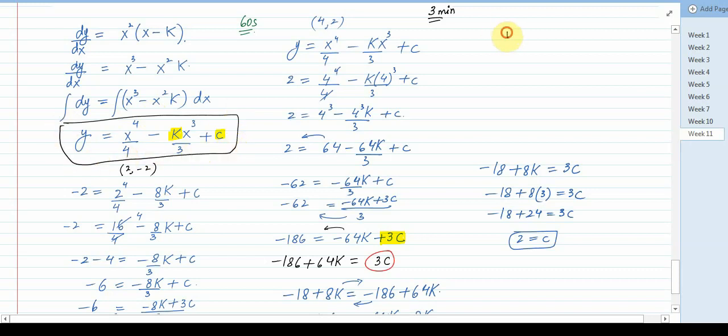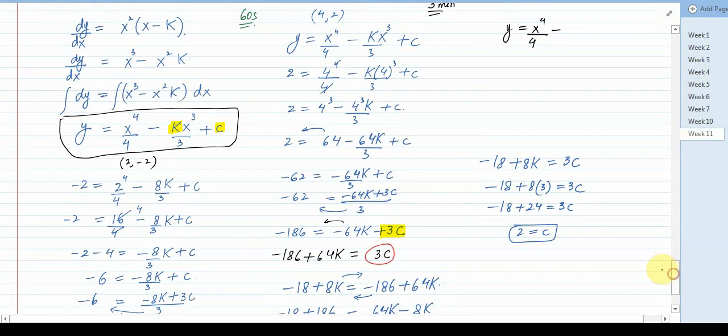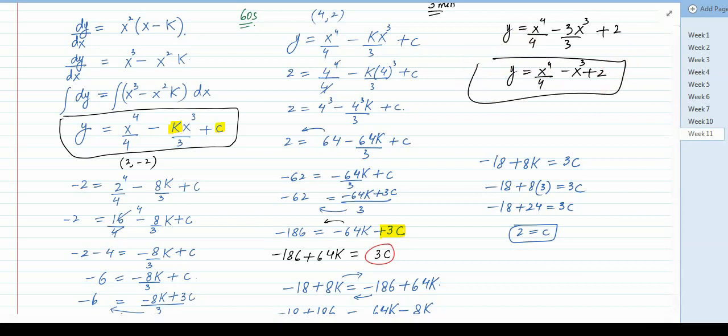So y equals x to the power 4 over 4 minus the value of k we got, which is 3, so 3x cube over 3, and c is 2. So the final answer is x to the power 4 over 4 minus x cube plus 2. That is my final answer.